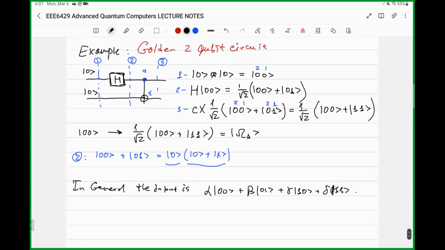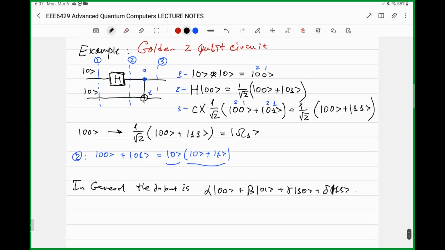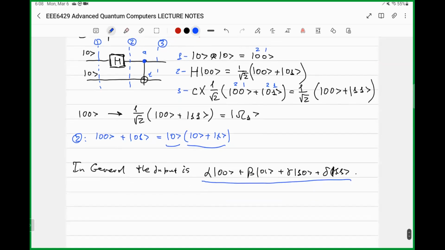And the point of this is that before I've done the measurement, as you remember, in quantum mechanics, I have to assume that my state is this one. Before I've done the measurement, I don't know in which state my system is. I have to assume that my system is in all possible states.